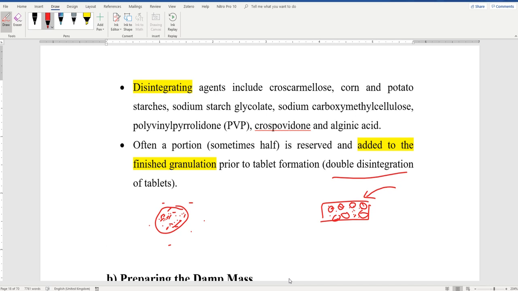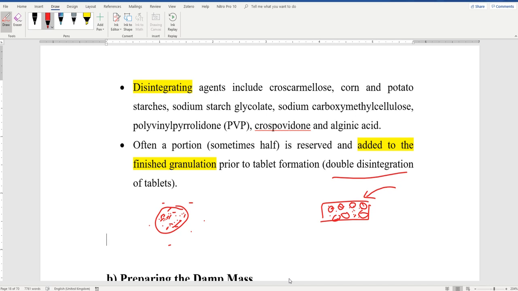Disintegrating agent inside. So we have what we call double disintegration. One disintegration of the tablet, then disintegration of the granules. If I only have the disintegrating agent inside the granules, then I will have only the disintegration of the granules.